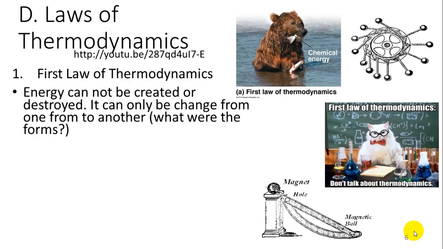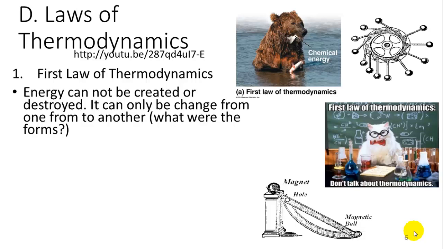So the first law of thermodynamics: you can, as this bear is doing here, eat food and gain energy, and that energy may change forms from mechanical to chemical and so on and so forth and back and forth.